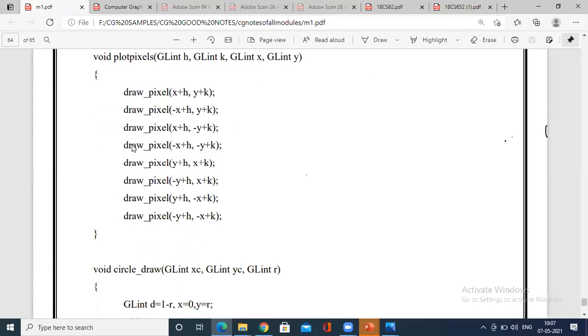8 symmetry of pixels have to be identified here. Draw pixels along this. Sorry, the screen share.